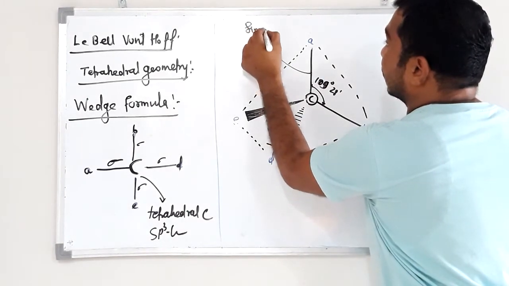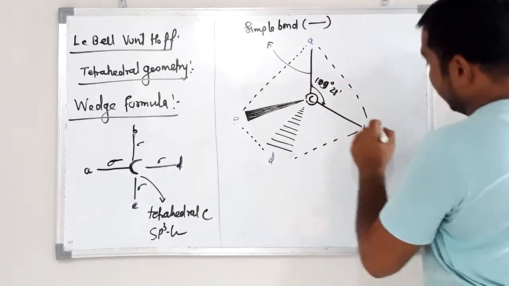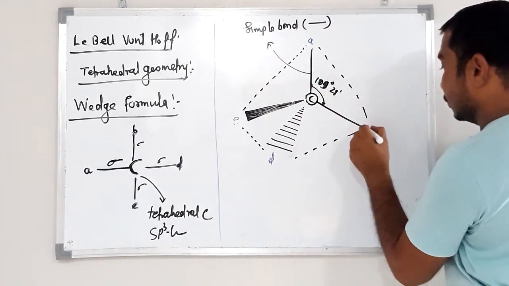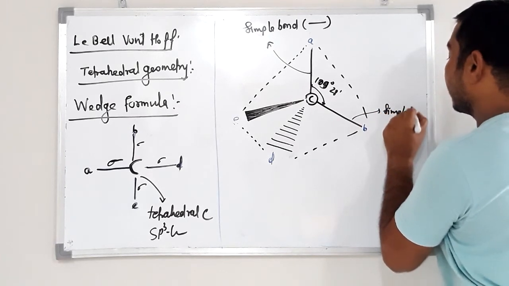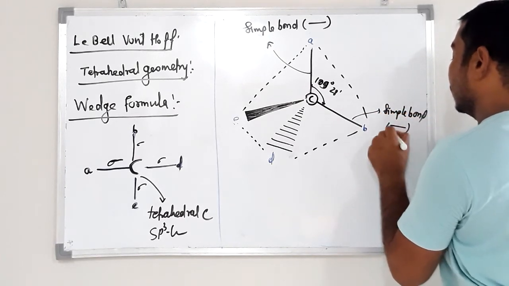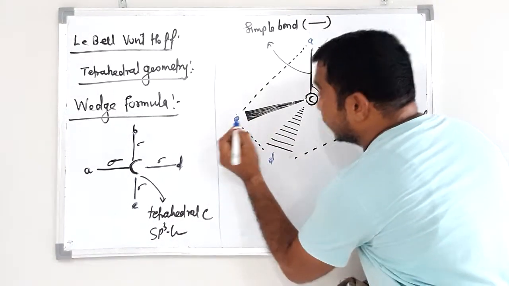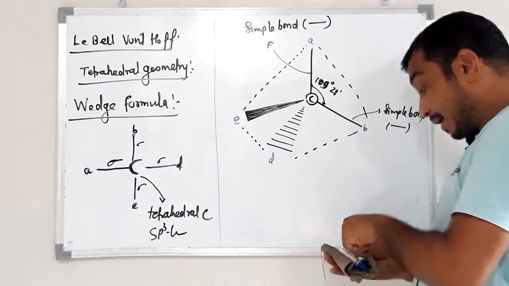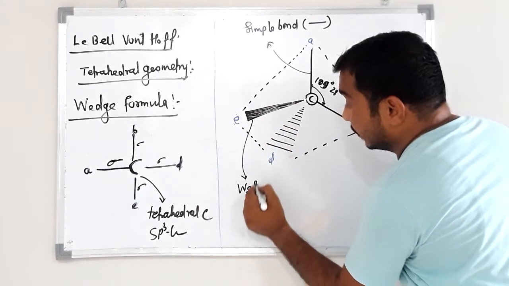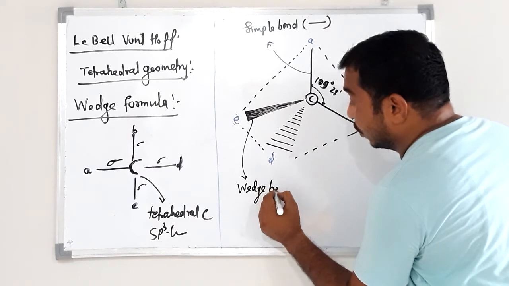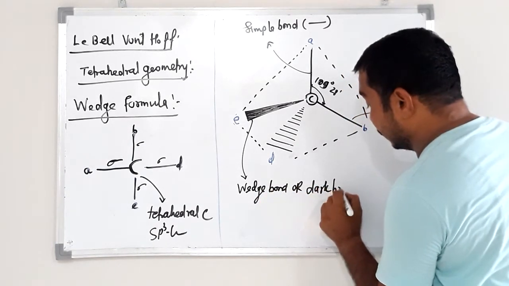B is also attached to C by a simple bond. But this substituent E is attached to C by this dark bond, which is called a wedge bond or dark bond.